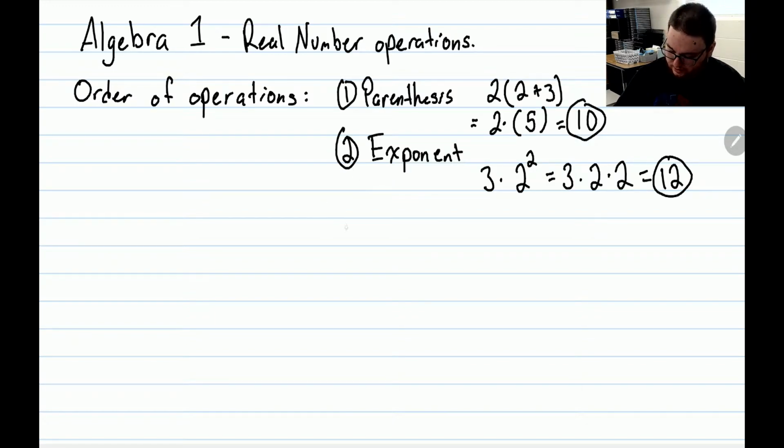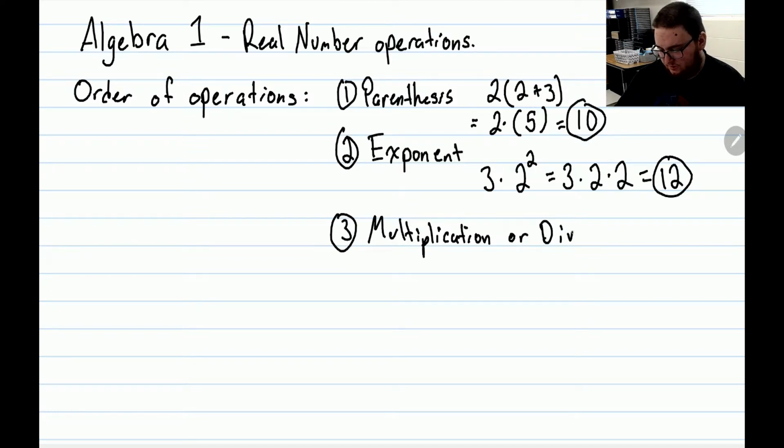Next, our third step is we always do multiplication or division. And whenever we do this, we usually work left to right. So we go left to right in our problems. And I want you to know that multiplication can be written in multiple different forms.